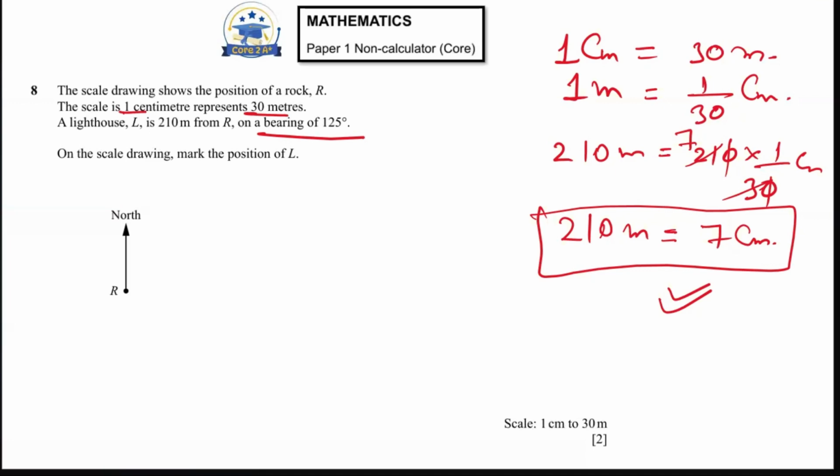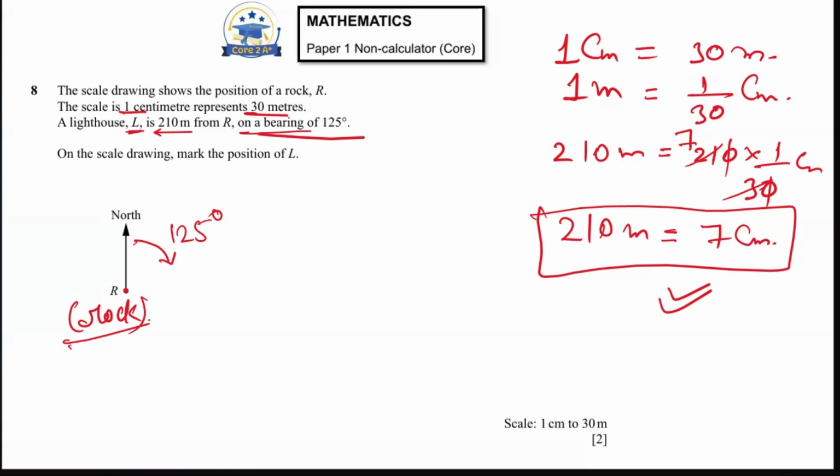So here R is for rock, the position of the rock is this point, and the lighthouse L is 210 meters, which is 7 centimeters by scale, from R on a bearing of 125. Bearing means we measure the angle from north in a clockwise direction. In this direction we have to move 125 degrees.